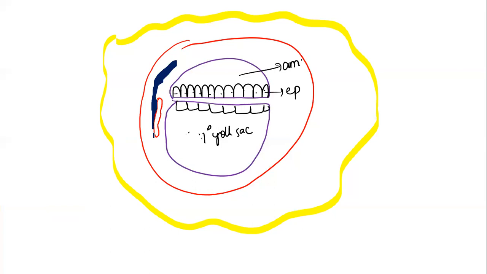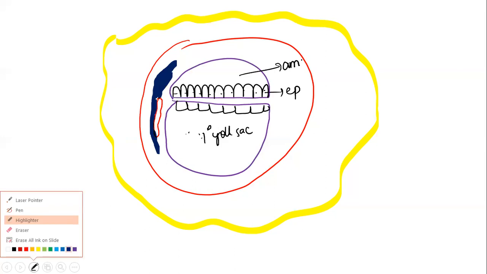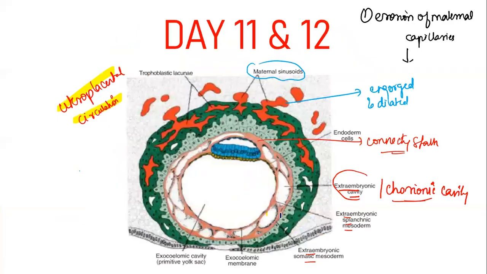So when this cavity is formed, the mesoderm now appears as 2 layers. Can you appreciate a cavity is going to be between the mesoderm, so we get 2 extremes, right? Can you make out from this picture? This is one portion of the mesoderm that is very closely associated with the cytotrophoblast, and this one is the layer of mesoderm that is very closely associated with the primitive yolk sac.